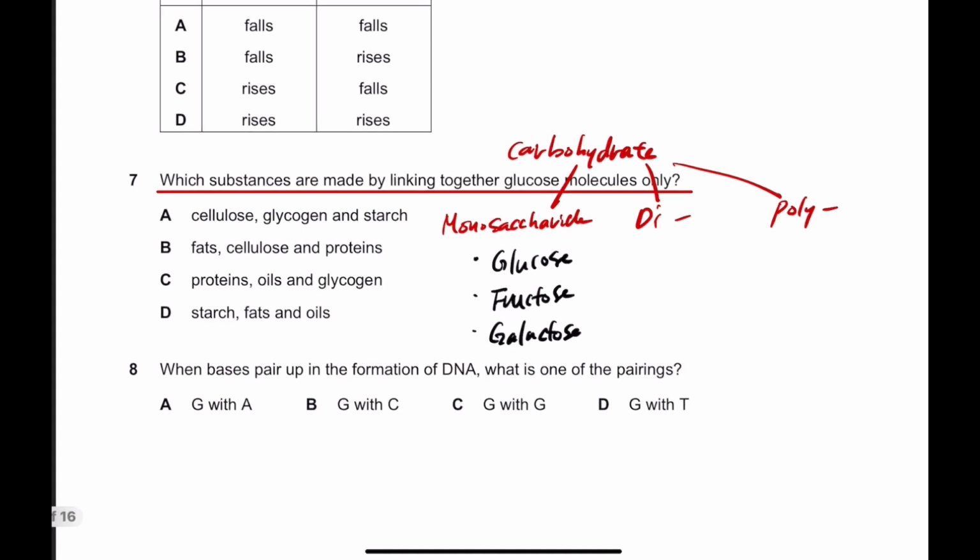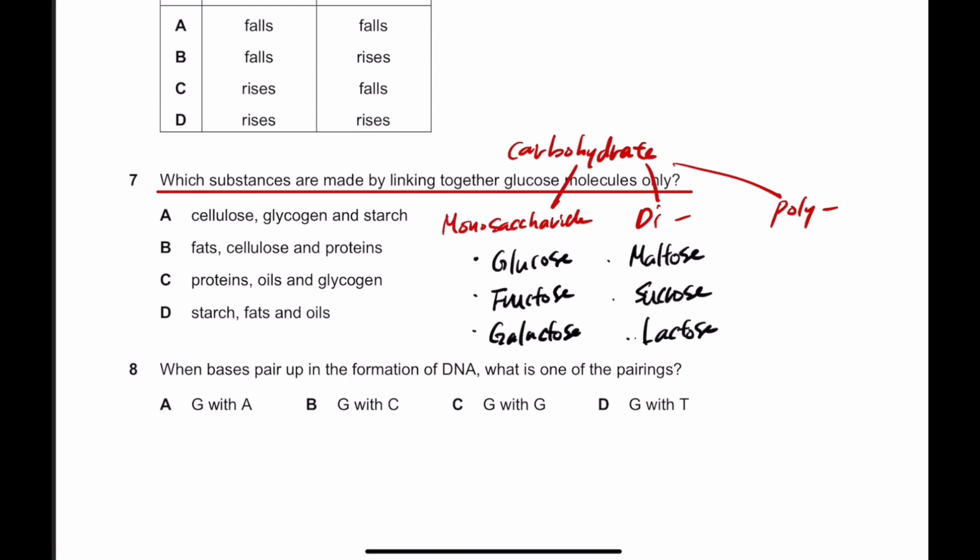And disaccharides are not often asked, so I was gonna skip it, but it's always good to know more, right? So maltose, sucrose, and lactose molecules are within the disaccharide group.